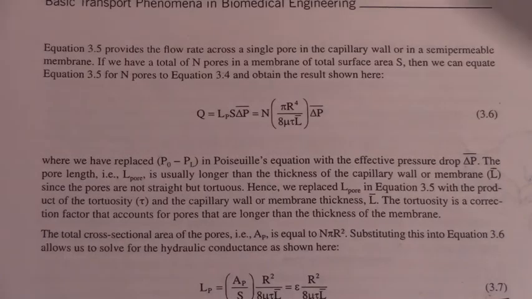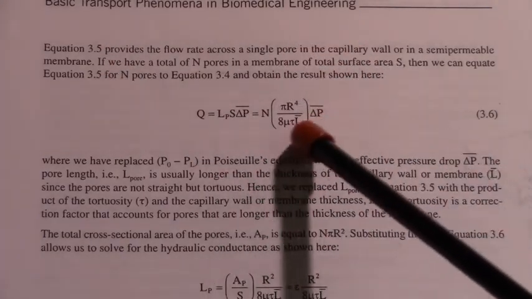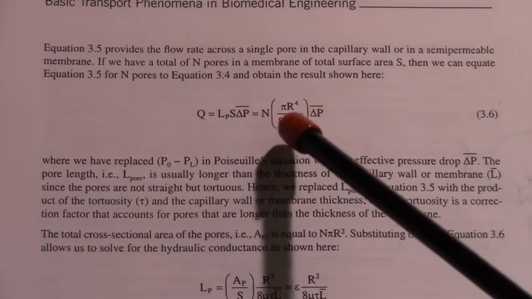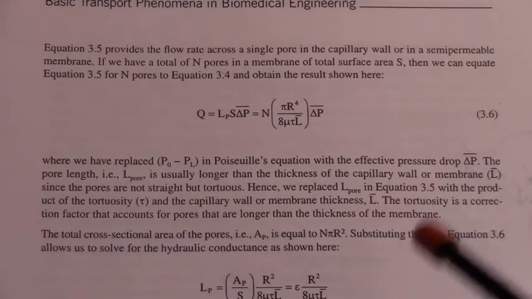So we multiply the thickness of the membrane, L bar, by another parameter called tau, which is the tortuosity of the membrane. The tortuosity might be 1.5. It's not the straight-line distance, which would be L bar, the thickness of the membrane, but the pore length tends to be a little bit longer.